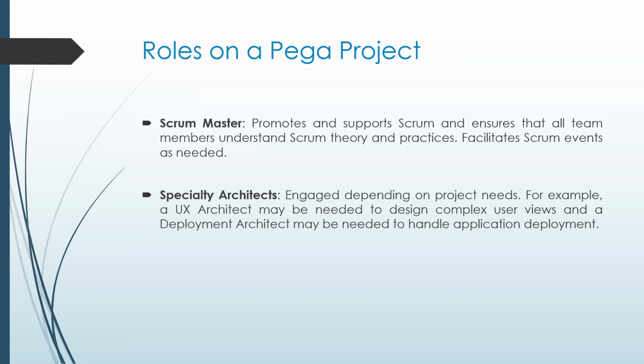Then we have specialty architects, who are engaged only as and when required. Probably as a Pega developer, I do not have much expertise in UI UX. In that case, I need a specialty architect who has expertise in UI UX in order to make my application look better.